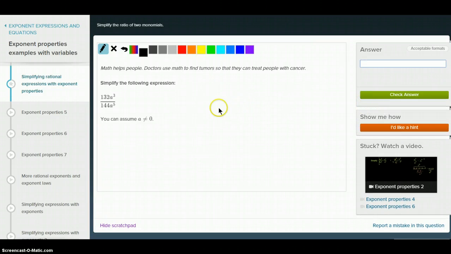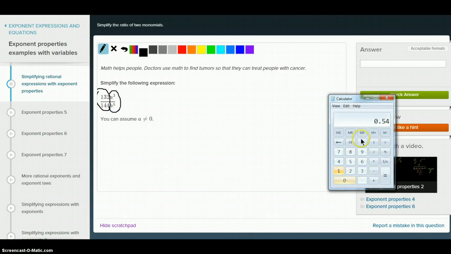Alright, so let's go to the next question. Okay, so we'll do the same thing. We'll have 132 over 144, and then we'll have a cubed over a to the fifth. So let's pull out the calculator here, and we have 132 divided by 144. Let's see if we can simplify this down a little bit. So what goes into 132?